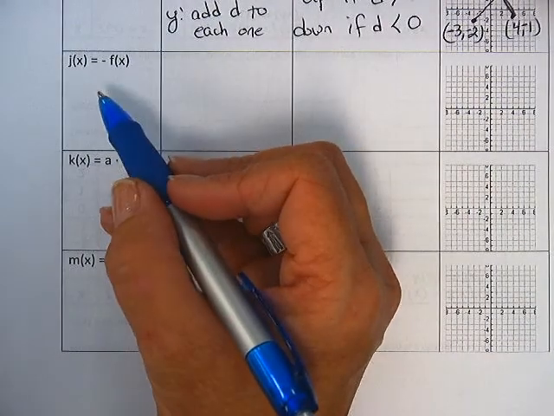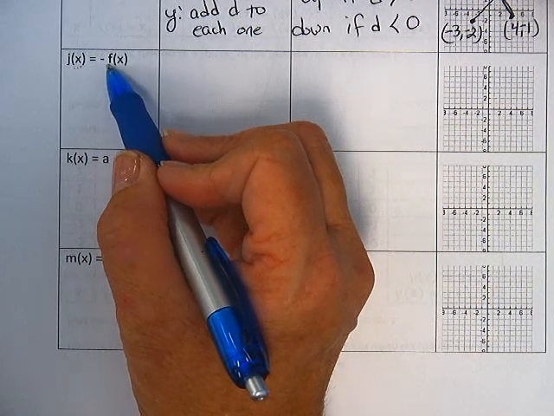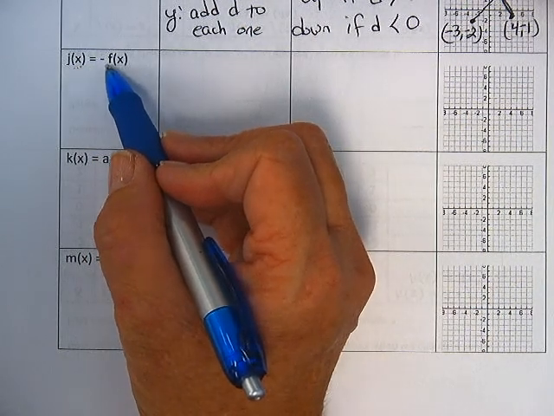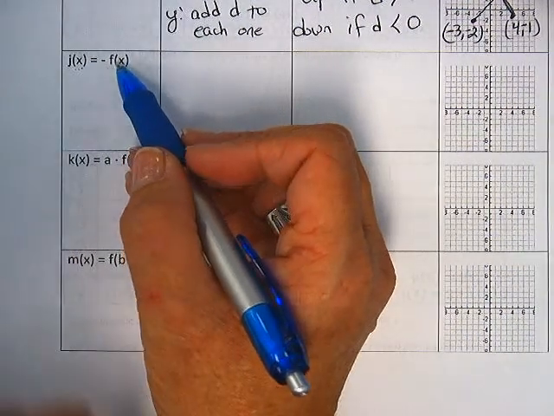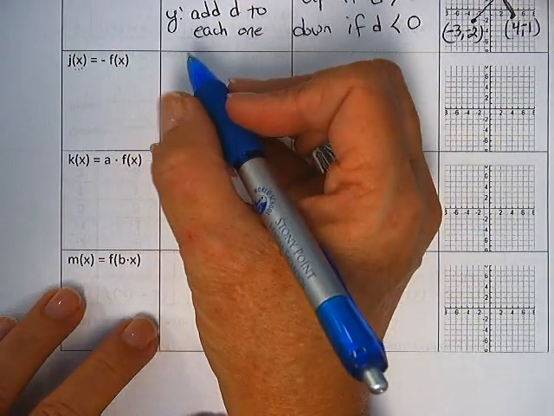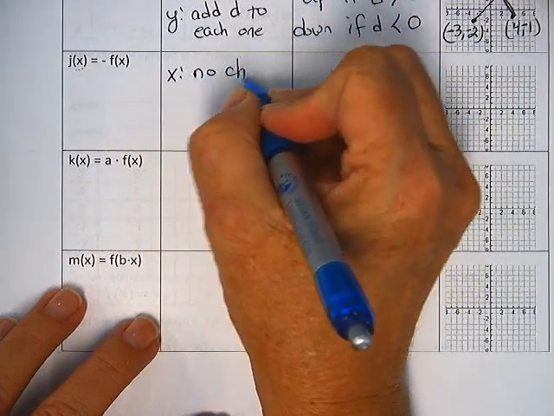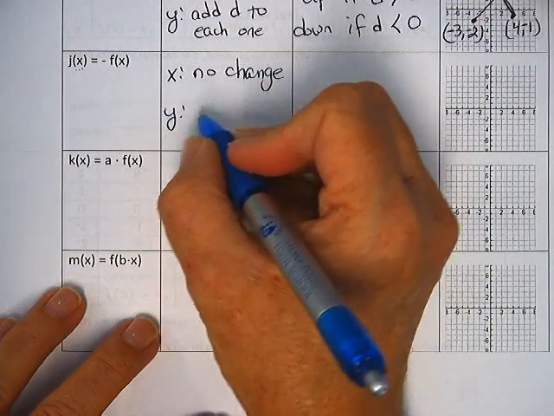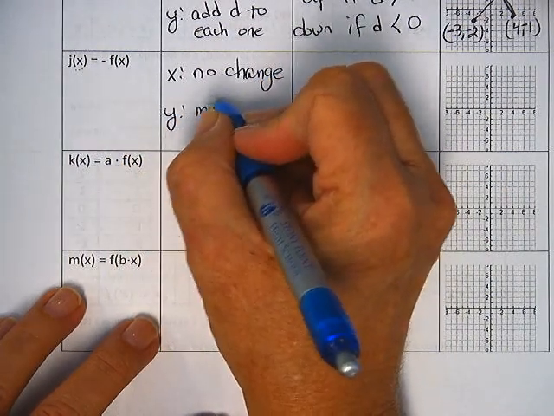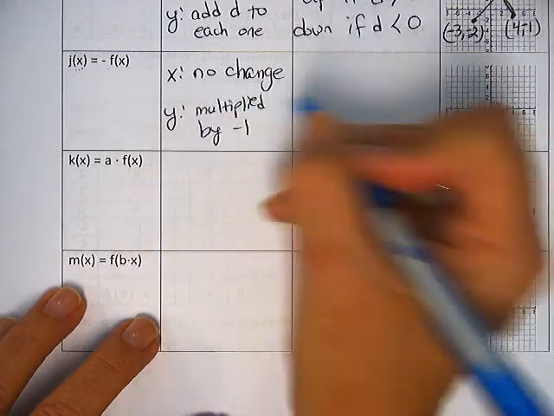Okay, let's take a look at j of x. We obtain j of x by multiplying our function f of x by a negative. Let's take a look at what happens when we multiply by negative 1. Our x values have no change, and our y values have been multiplied by negative 1.